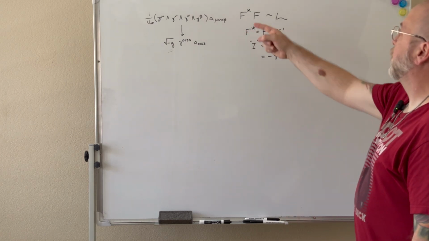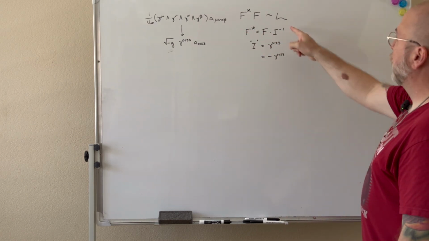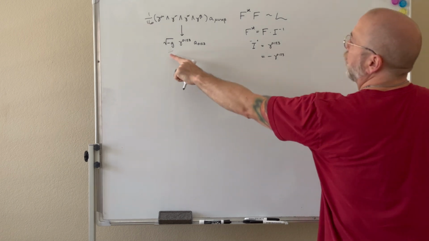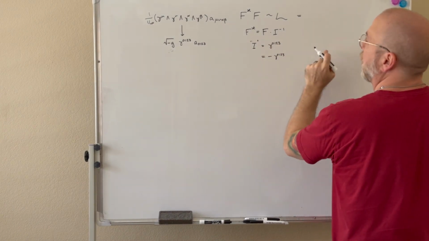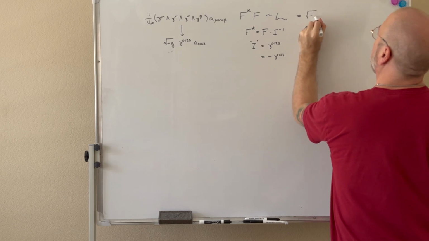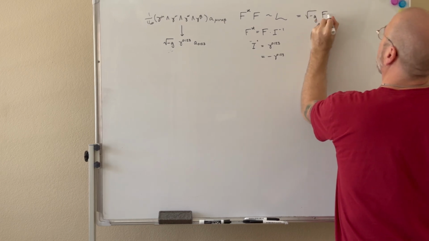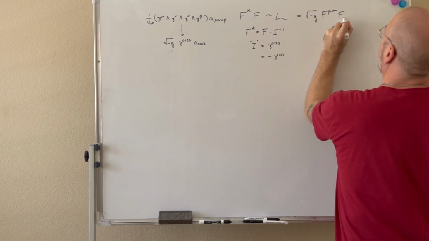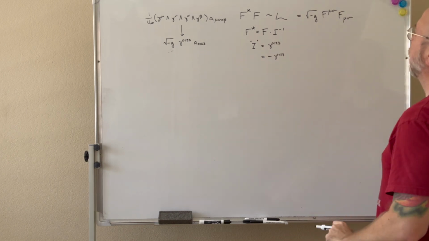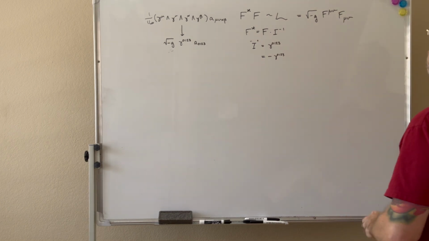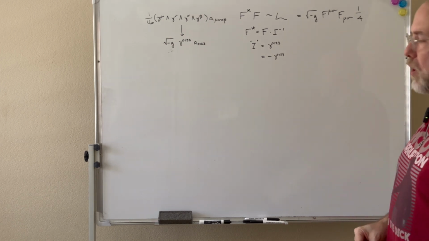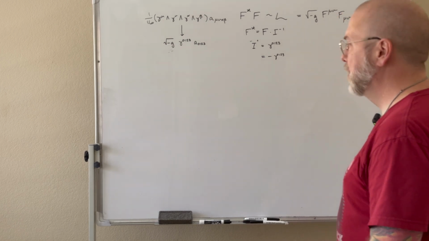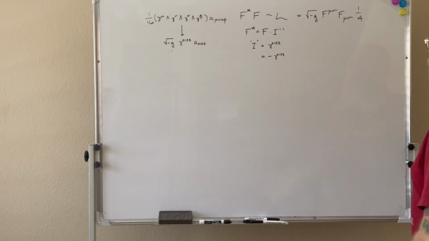So the Hodge dual of F times F gives you a Lagrangian, which we already know we carry one of these over thanks to this term, which is part of the Hodge dual itself. So you get this, and then you end up getting the vector form of that. Okay. And then there's, of course, like a 1/4 and blah, blah, blah. I'm leaving out a lot of the constants because going through all of that just consumes too much time.